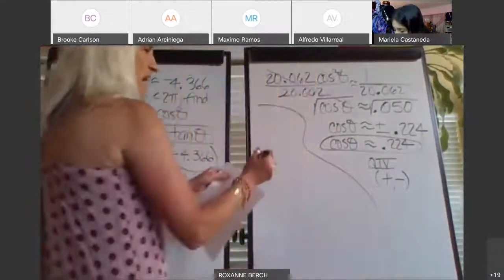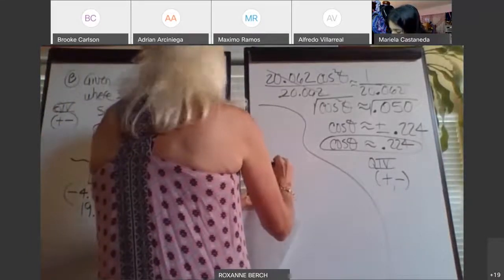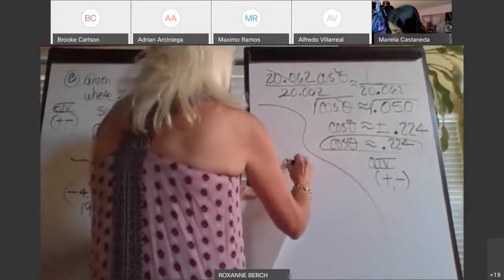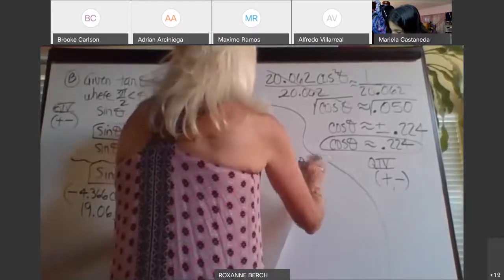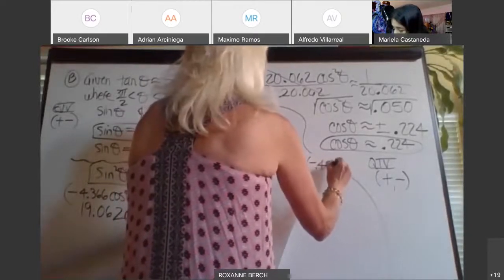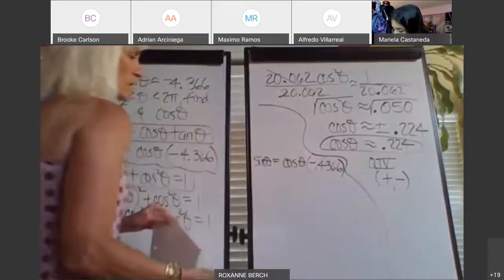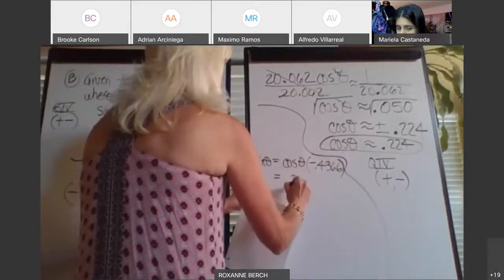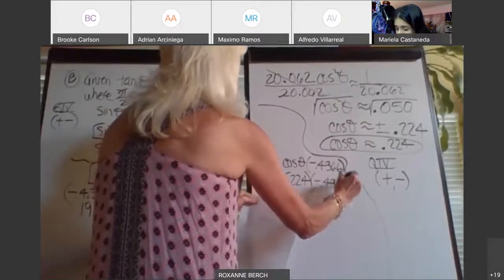And now we have to find sine. Well, over here, we said that sine of theta is equal to cosine of theta times negative 4.366. So cosine is 0.224 times negative 4.366.